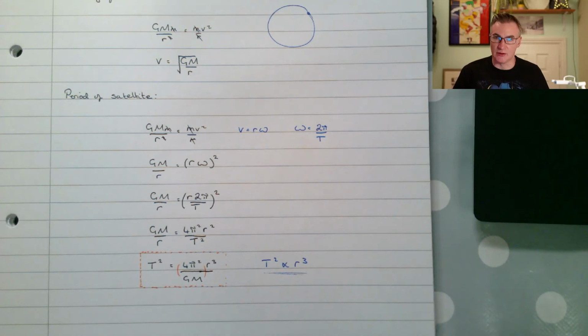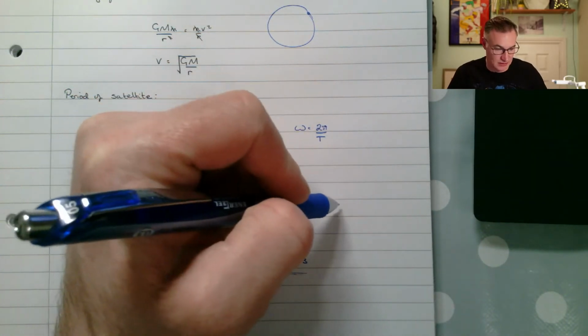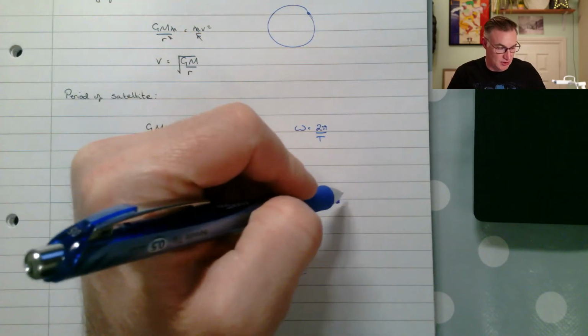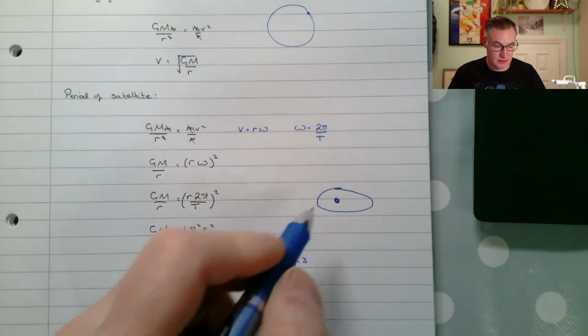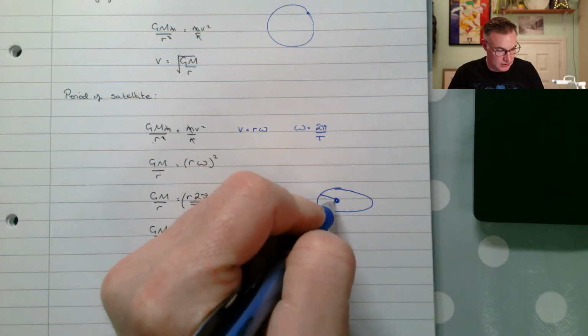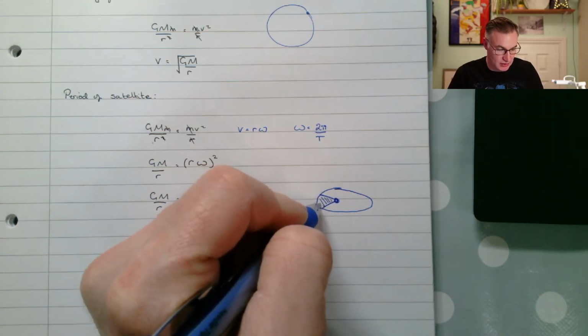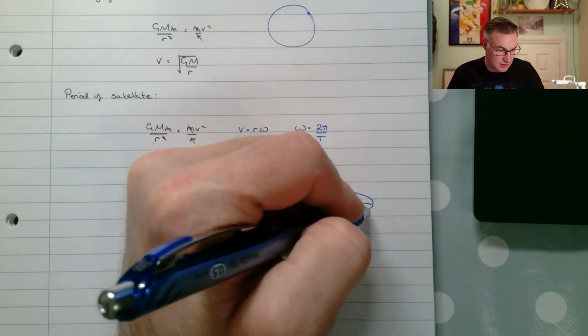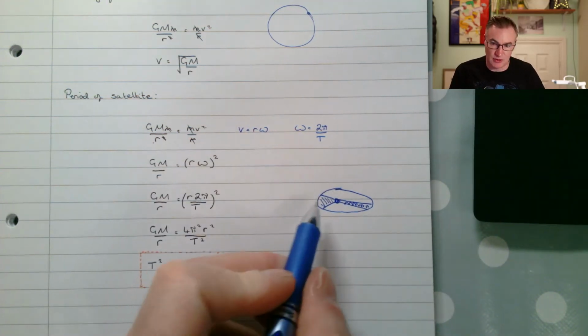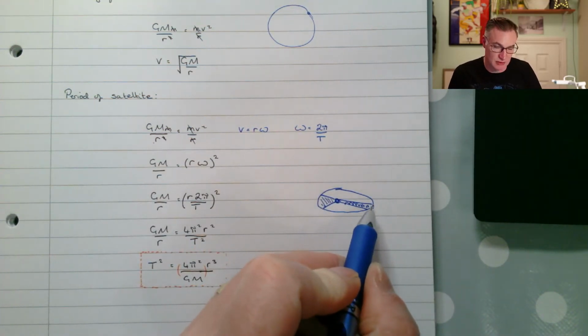I think the second law was that the area swept out by the planet for any given period of time is constant, and so obviously, if the sun is in here and the planet is moving in an ellipse like so, then if we were to look at a similar period of time and work out the area, that's going to be constant for the same period of time.